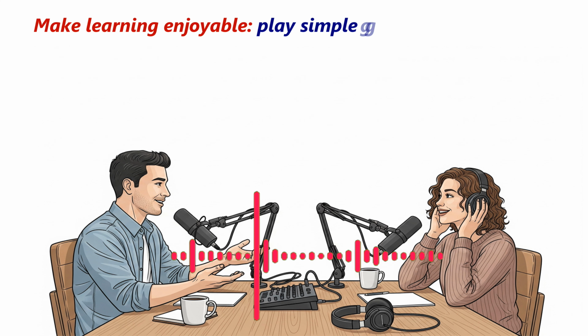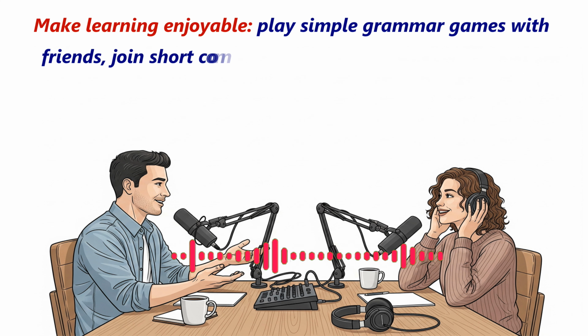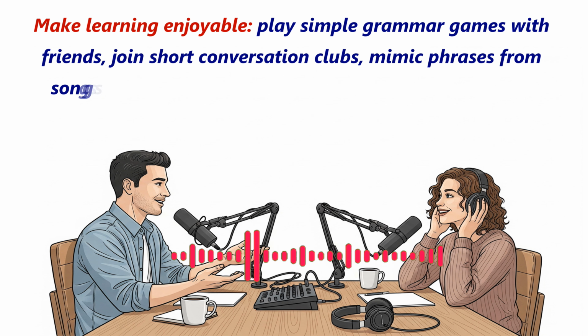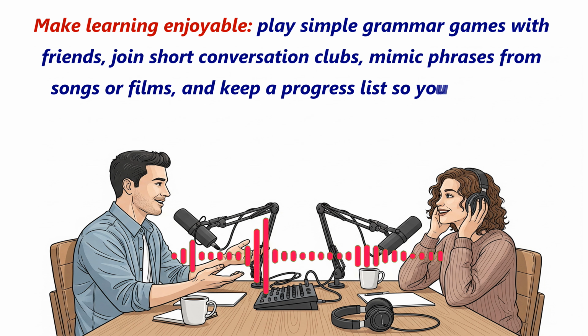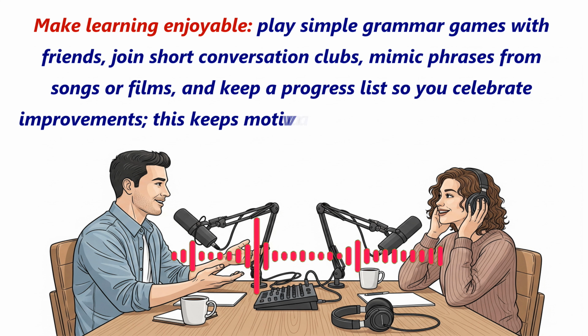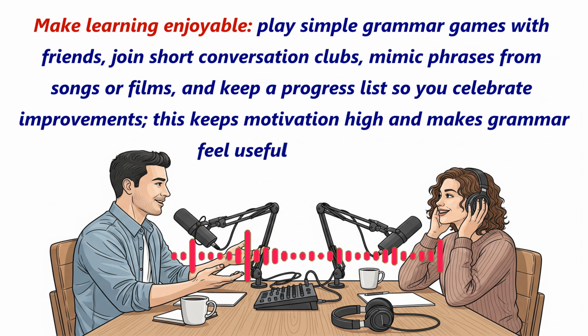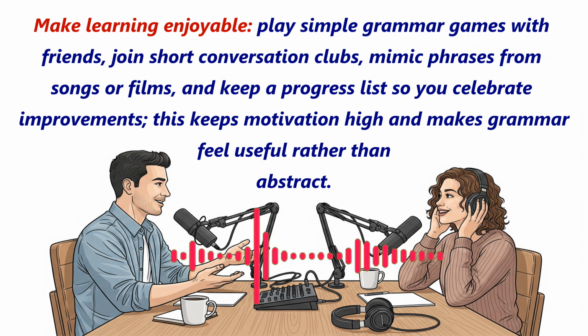Make learning enjoyable. Play simple grammar games with friends, join short conversation clubs, mimic phrases from songs or films, and keep a progress list so you celebrate improvements. This keeps motivation high and makes grammar feel useful rather than abstract.